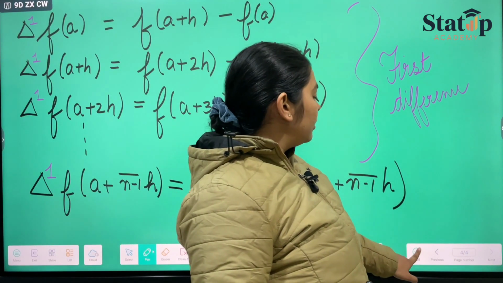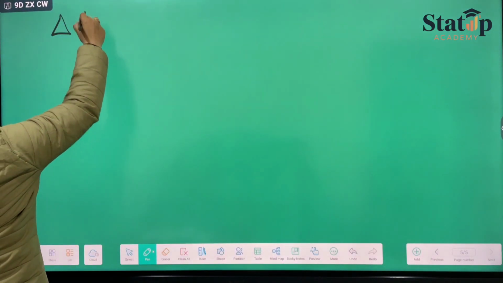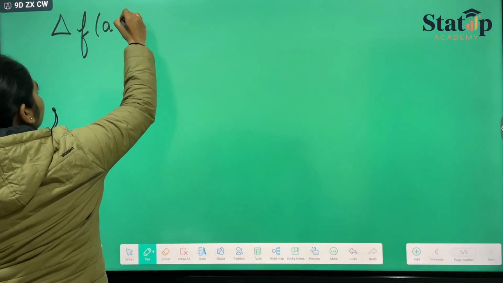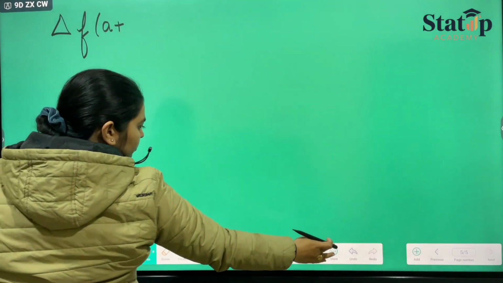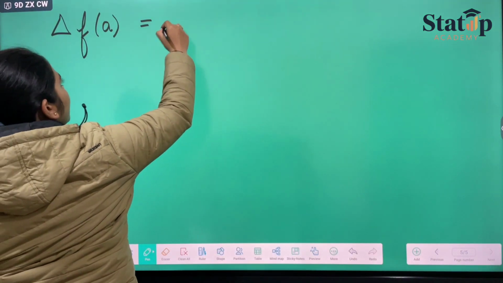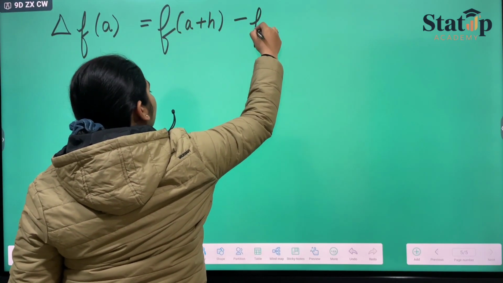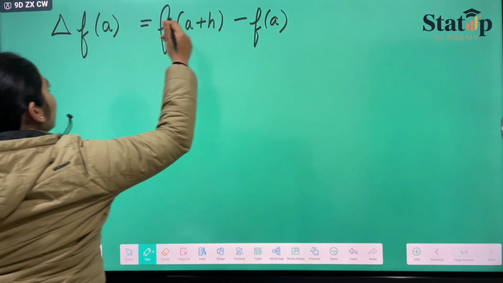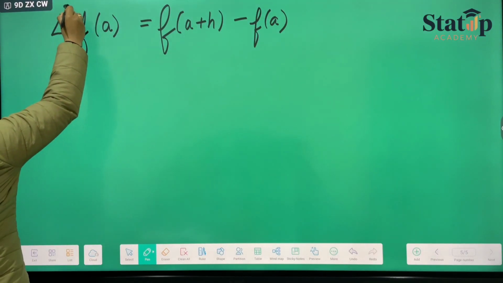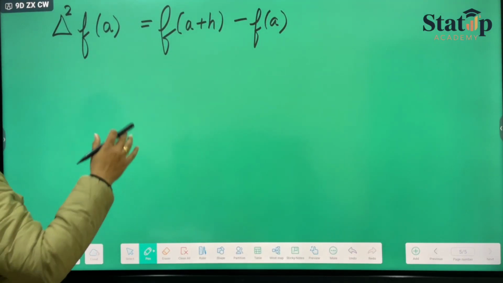If we have to calculate the second difference, suppose the first difference of f(a) is f(a+h) minus f(a), right? Now if I have to calculate delta square, meaning the second difference, then what will we do?